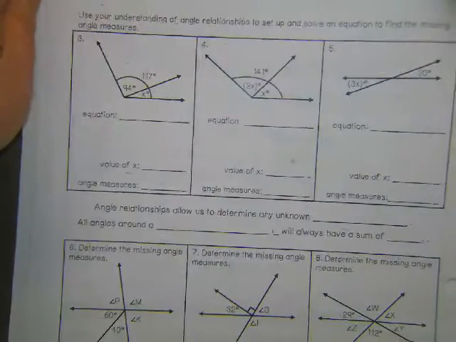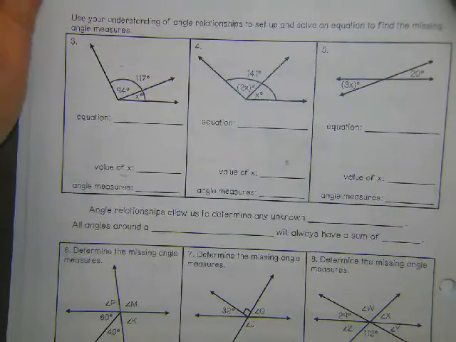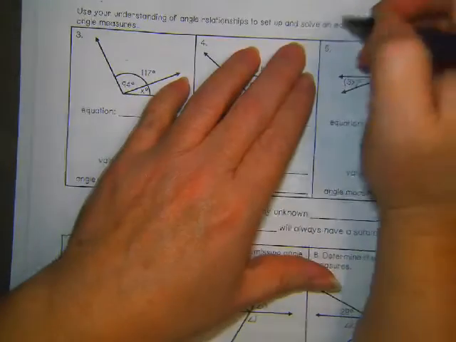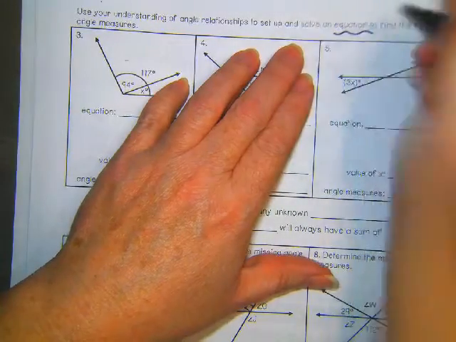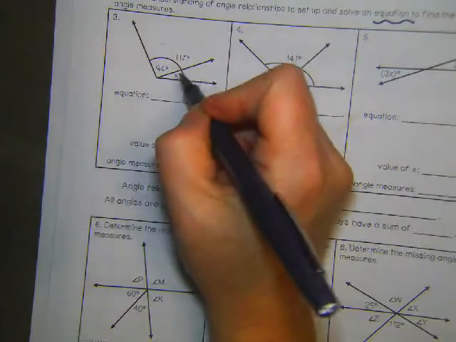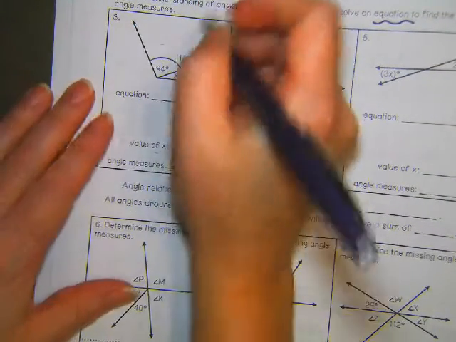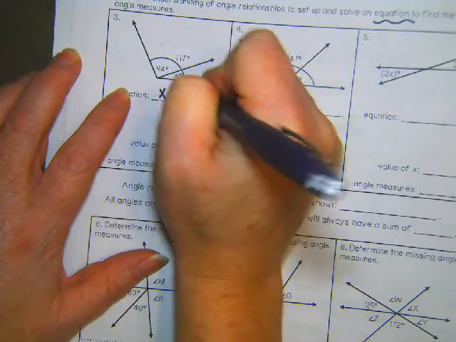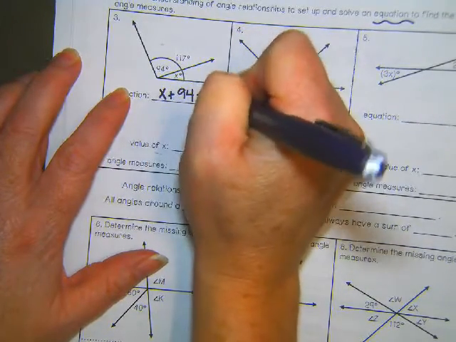It says use your understanding of angle relationships to set up and solve an equation to find the missing angle measures. So we have to do an equation first of all. In this case, we know that both of these two equal 117. So we're going to say x plus 94 equals 117.